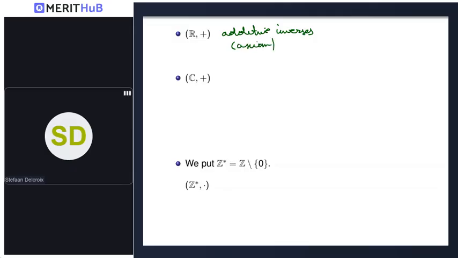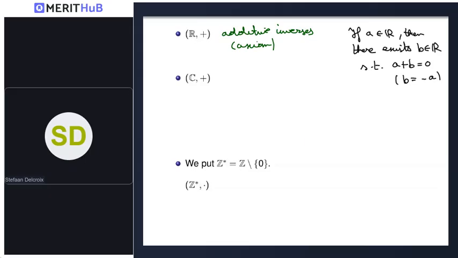The identity is still 0, so if a is a real number, then there exists a real number b such that a plus b is 0, namely b is what we call the opposite of a, but it's an axiom. The complex numbers still have additive inverses.